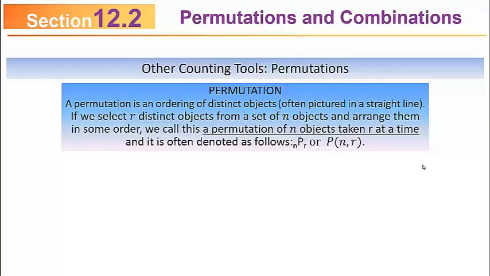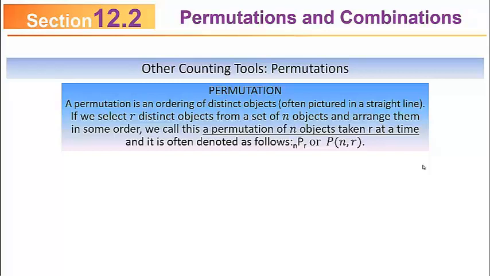A permutation is an ordering of distinct objects. You often think of them as being in a straight line. If we select R distinct objects from a set of N objects, in other words, you're only taking them R at a time, and arrange them in some order, we call this a permutation of N objects taken R at a time. It's denoted quite often with a capital P and subscripts N on the left and R on the right, or just a capital P and have N comma R in parentheses.